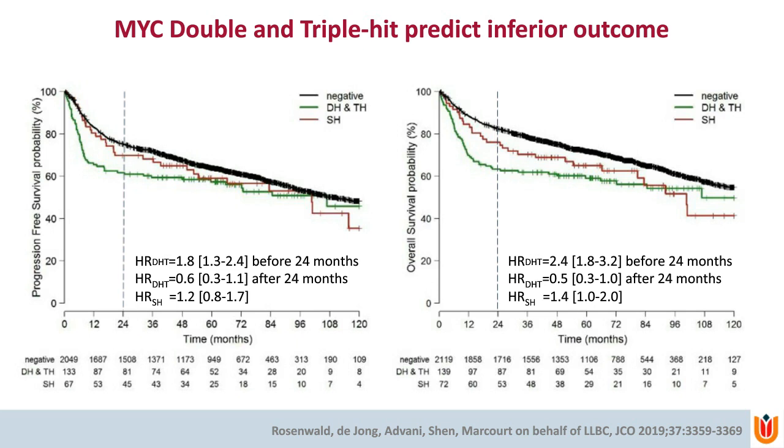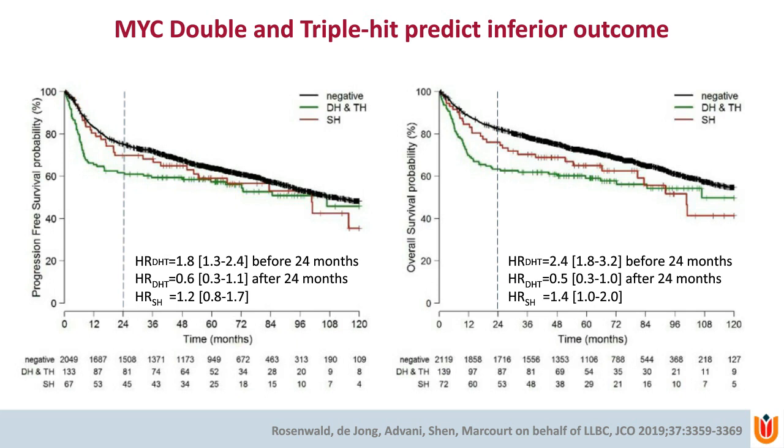And even that is restricted to the first 2 years after diagnosis, while after the first 2 years, survival is similar to the other two curves, and there is no additional impact of the translocation status. And this holds true for both progression-free survival and overall survival.